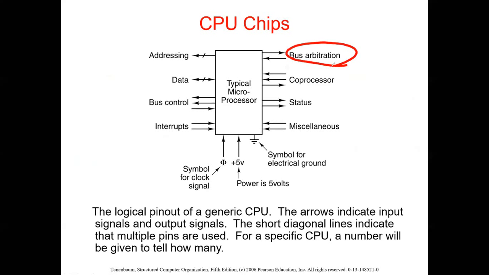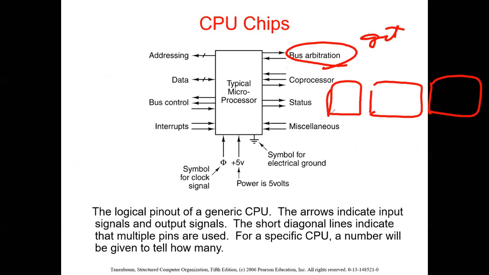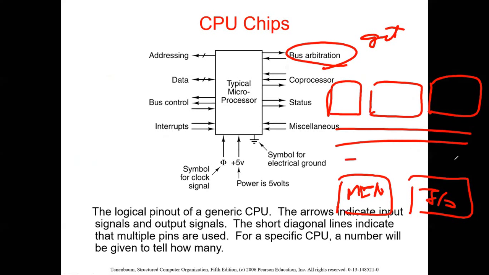And bus arbitration, I would say, is to get control of the bus. So you have the CPU, and you may have more than one, 2, 3, or 4 of them. And you may have memory. You may have an I/O device. And these several different devices or chips, they are connected by a bus, right?